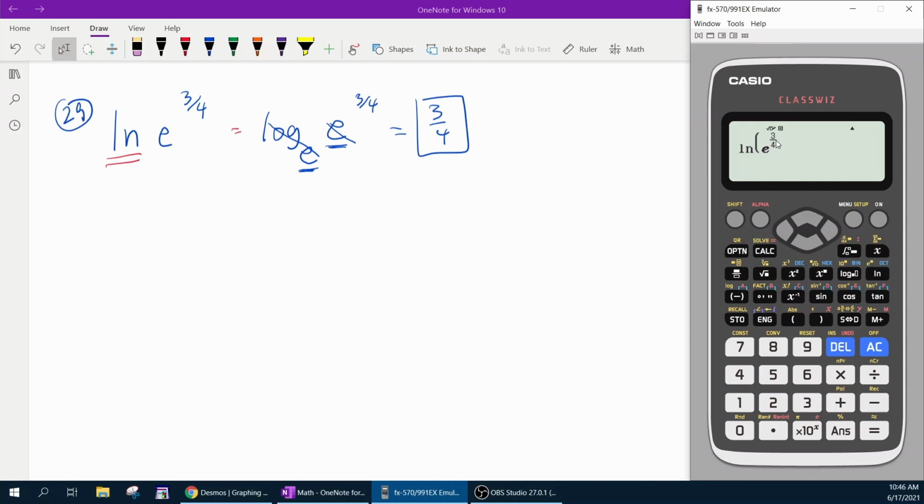Now that's important. When you're in the exponent in the denominator, you have to move over once to get out of the denominator, and then move over again to get out of the exponent. And then you can close your parenthesis, and then notice this looks exactly like what they gave us in the text. Natural log of e to the 3/4 power, and it checks out.